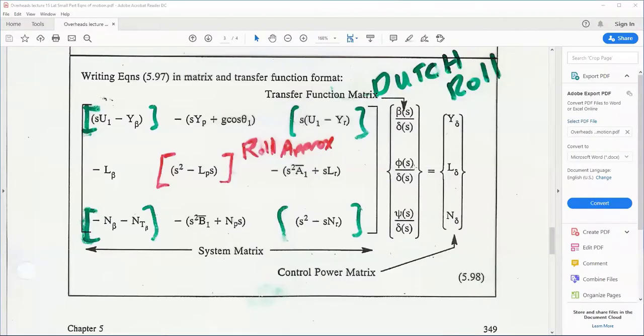Back to this, we keep only the phi, which is the bank angle or roll degree of freedom, and we only use the roll equation. So all we do is grab this center term here. So that's real easy. It says phi to delta transfer function is just that.